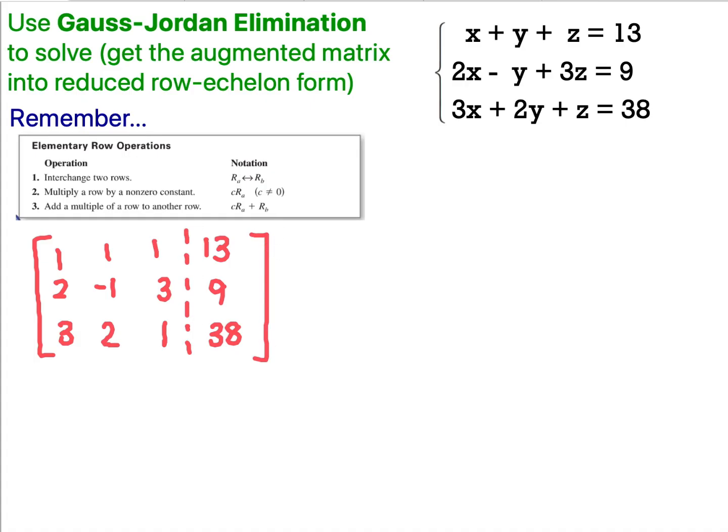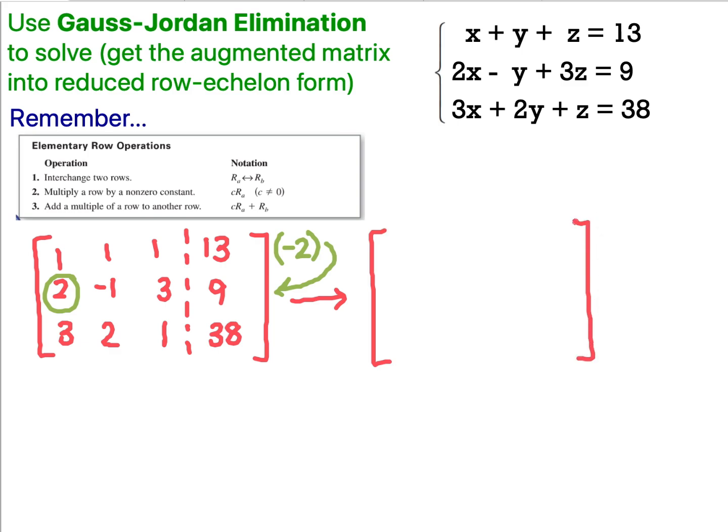Now remember, Mrs. Backlund's strategy is I like to target this number first, and I think the best way to target that number for me seems to be taking that top row times -2 and then adding it to that second row. And this is kind of the notation I tend to use instead of writing things out really complicated. Like, I try to do some of this in my head.